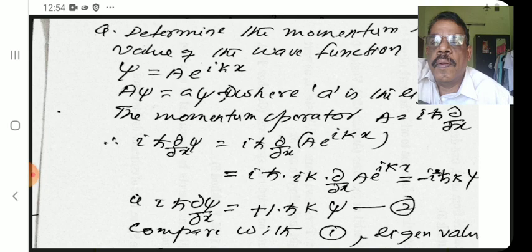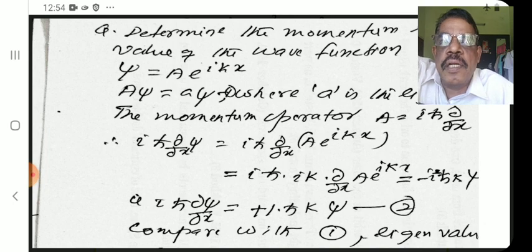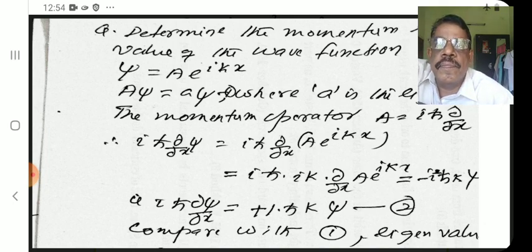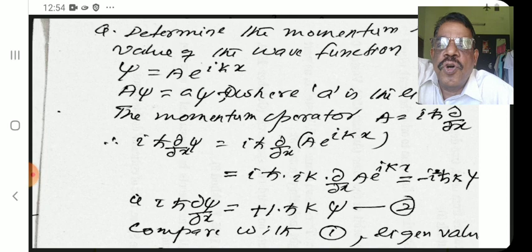So the LHS becomes I h cut dou psi by dou x is equal to I h cut k psi. Once differentiated, dou by dou x is not required. When we write ik in front, dou by dou x can be removed. We get a raised to ikx.